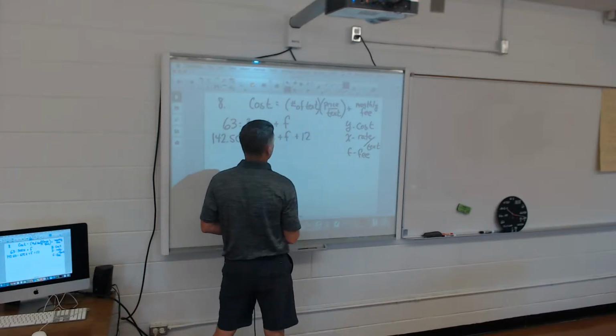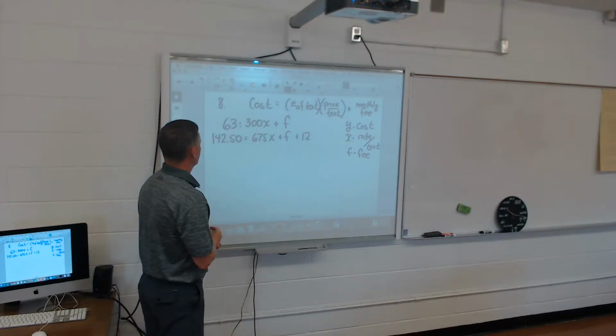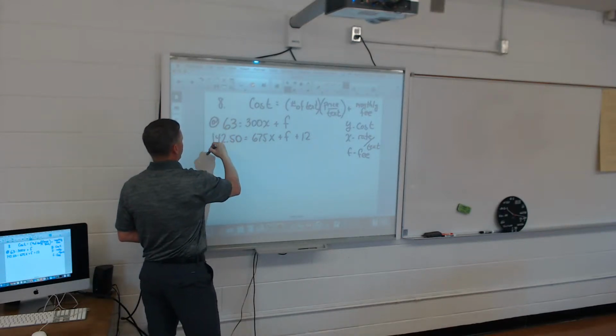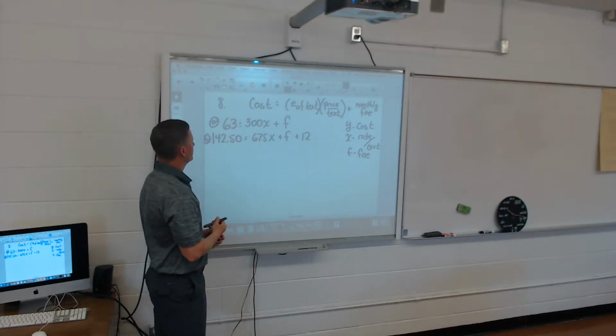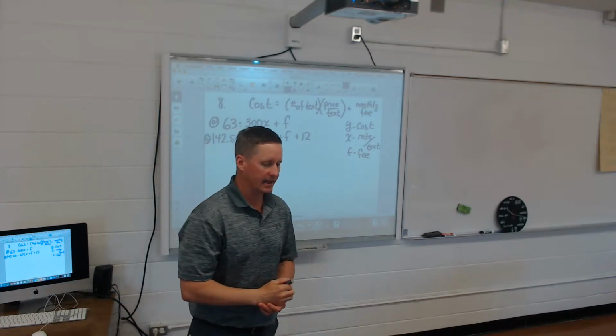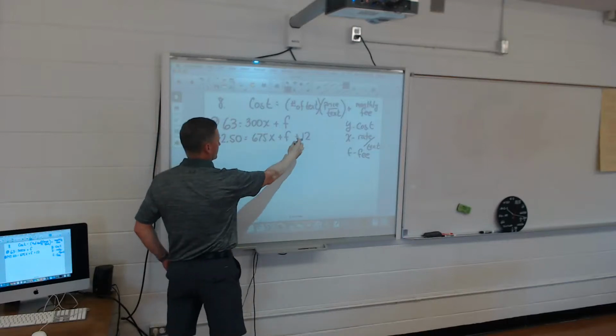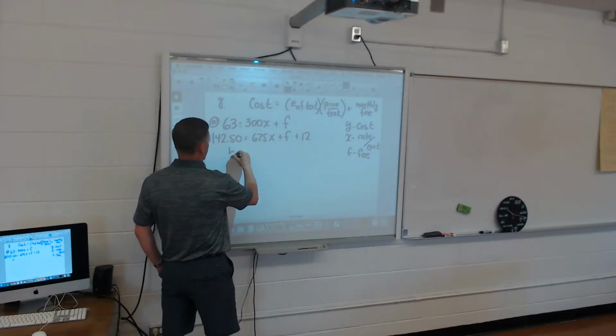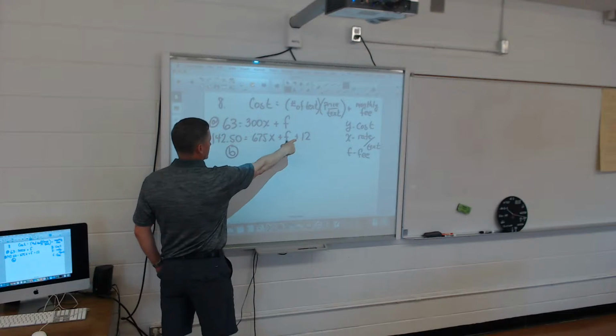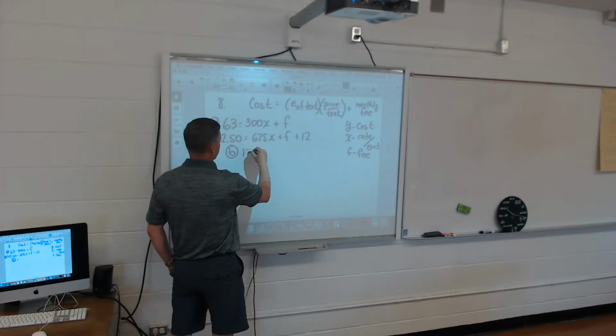So I add an extra $12 to it. Okay? So I'm going to leave A as is. My B equation, I've got to kind of narrow this down a little bit. So my B equation is going to become this. Subtract 12 from this side.